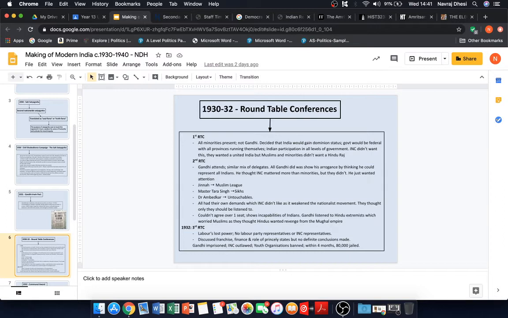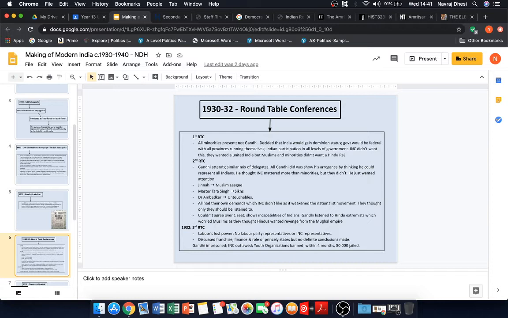It is as a result of these different religious communities, as a result of their inability to work together, that partition seems like it is the only viable option going ahead. Now, first roundtable conference, all minorities were present, but Gandhi wasn't.